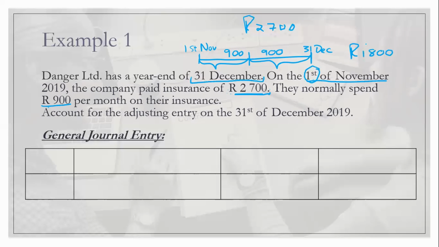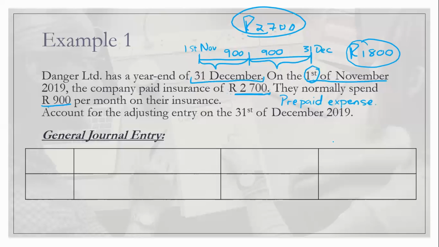Meaning that the difference between this amount and the 2,700 has to be what we paid in advance. So that's our prepaid expense.